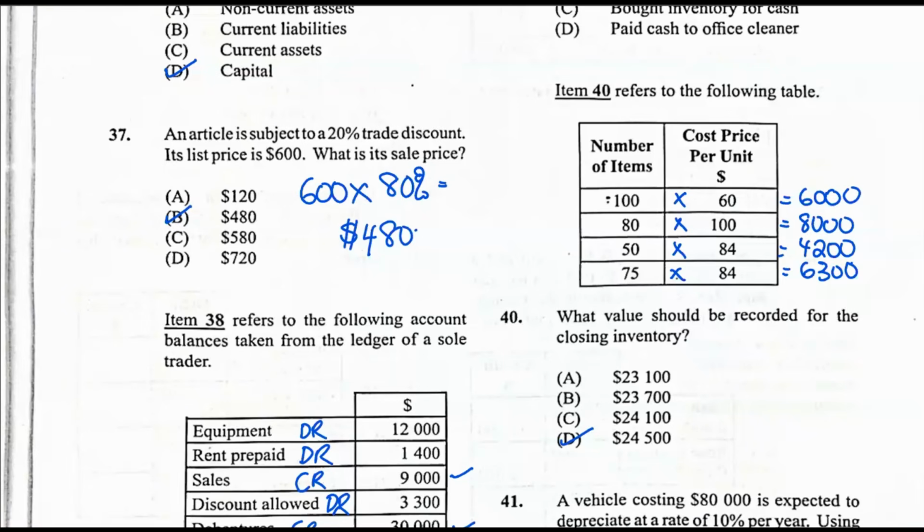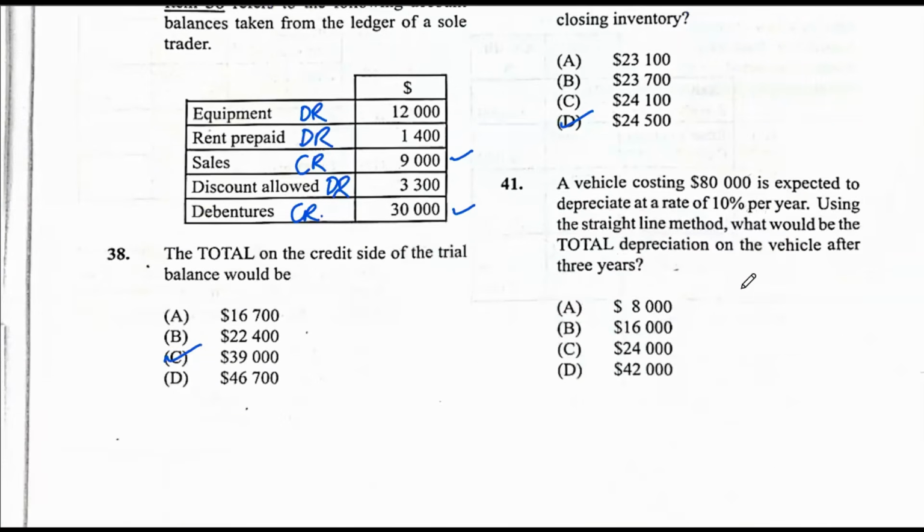Alright guys, good to go so far. Not too bad. Time for us to move on to question 41. A vehicle costing $80,000 is expected to depreciate at a rate of 10% per year. Using the straight line method, what will be the total depreciation on the vehicle after 3 years? Straight line method is simply where we have a constant sum of money being used as our depreciation.